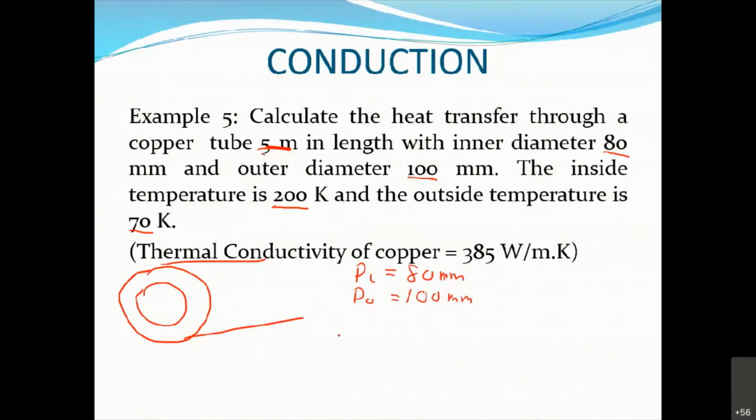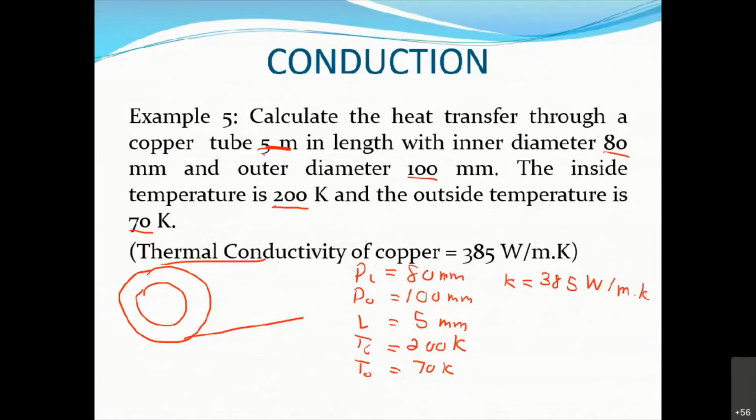The value of L, your length, is given as 5 mm. And then your temperature inside, Ti, is equal to 200 Kelvin. Your temperature outside, To, is equal to 70 Kelvin. And the K value, K for copper, is given as 385 watt per meter Kelvin. So this is the information given.